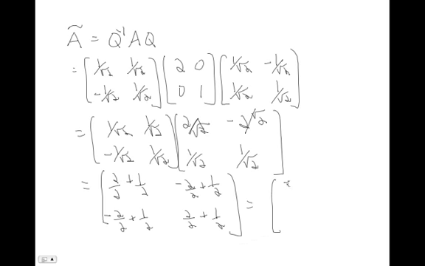And so I get 3 halves, minus 1 half, minus 1 half, and 3 halves. So now I took this matrix A, this function A, 2, 0, 0, 1, and I mapped it to this new function A tilde, which is 3 halves, minus 1 half, minus 1 half, 3 halves.